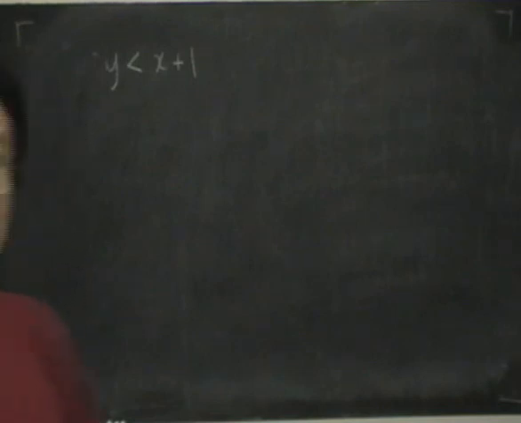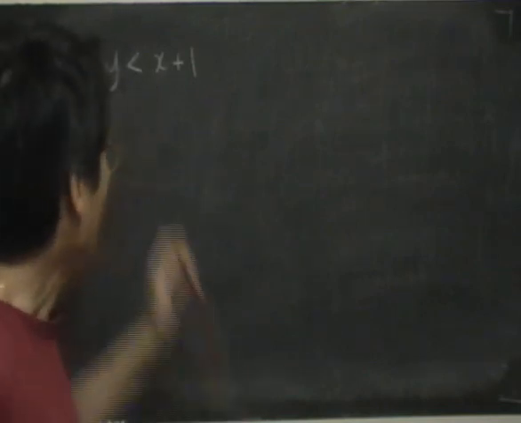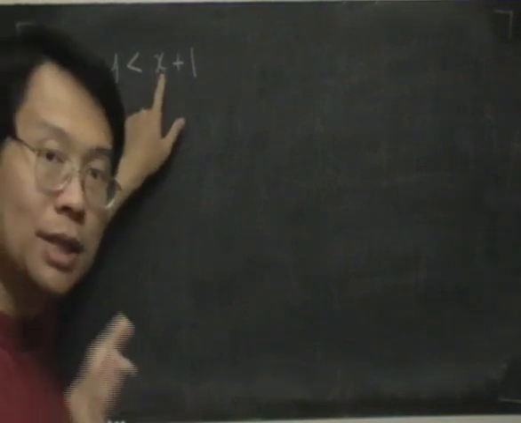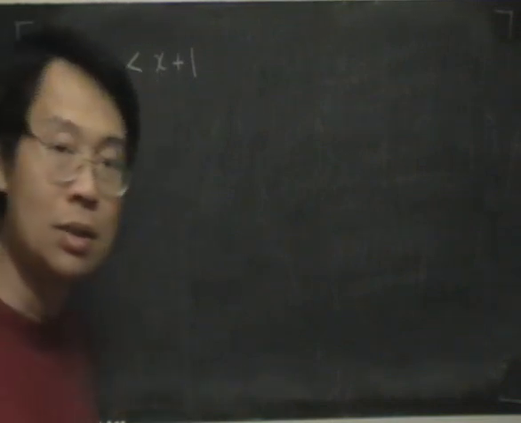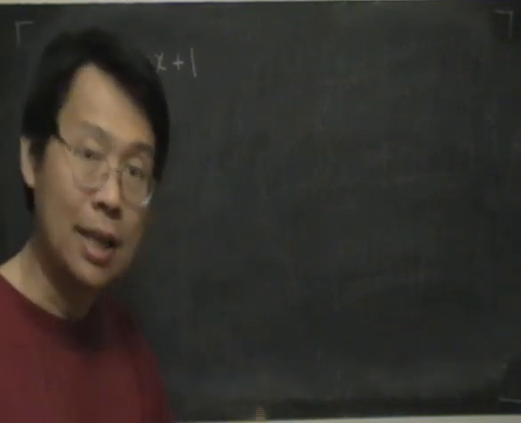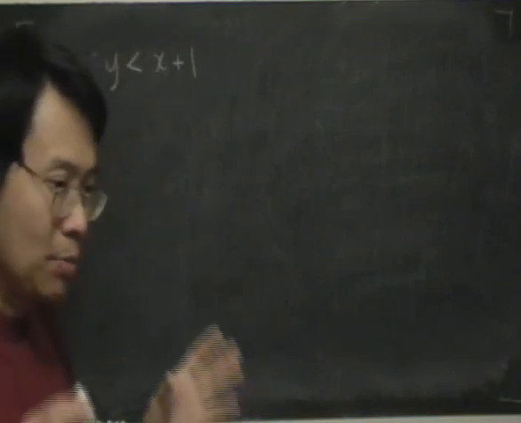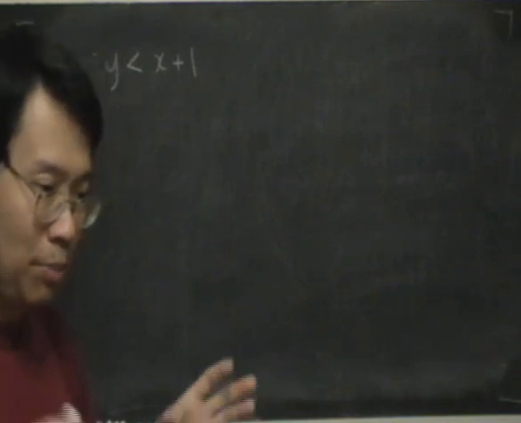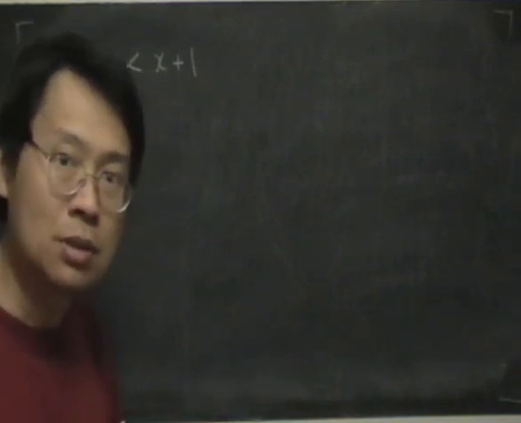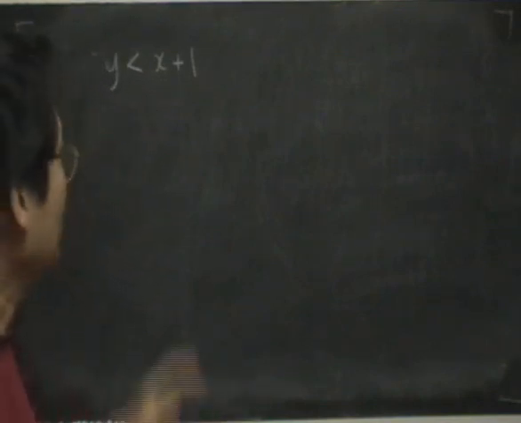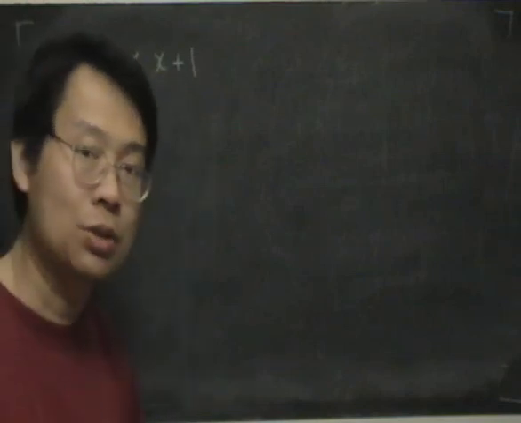Okay, what it means is that x represents a number, y represents another number. Now we are interested in the possible pair of two numbers, x and y, that satisfy that inequality.